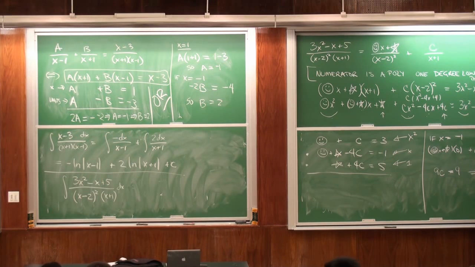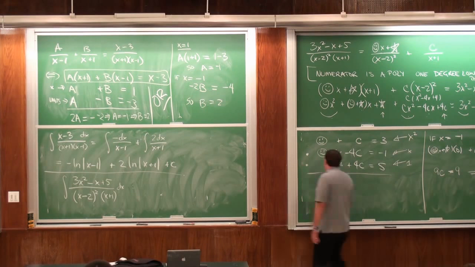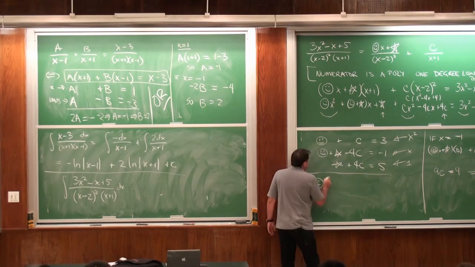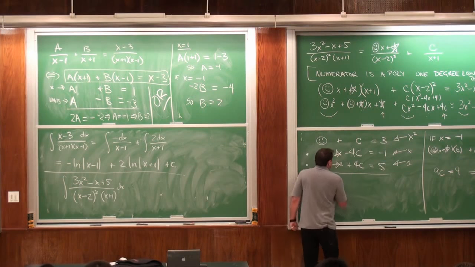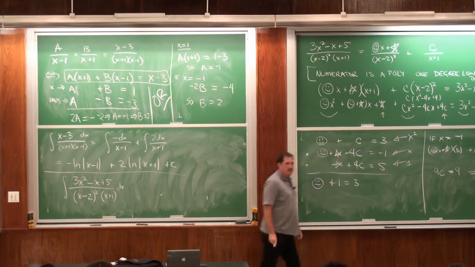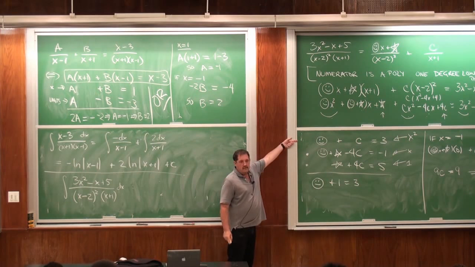If I take x to be 2, that gives me a relationship between smiley and star. So actually, I'm going to mix these two methods. I know that c is 1, which makes my life a whole lot easier. Smiley, now he looks a little sad. Oh well. Smiley plus 1 is 3 from this line here.